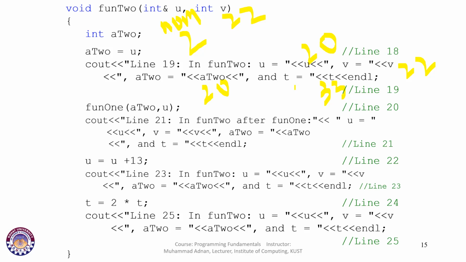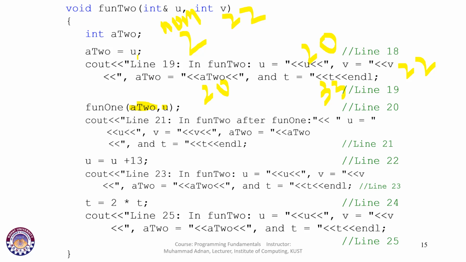So that is okay. And then inside this function 2, we are calling function 1 and we are passing a2, which is the address of this variable, which is also the address of num2, and then we are passing the address of u.